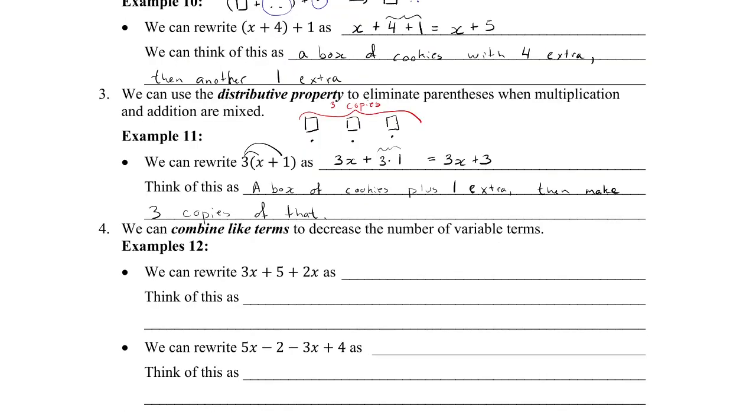So if we have 3x plus 5 plus 2x, right, we think we have 3 boxes of cookies. Right, so here's our 3x. And then we have 5 extra cookies. And then we have 2 more boxes.